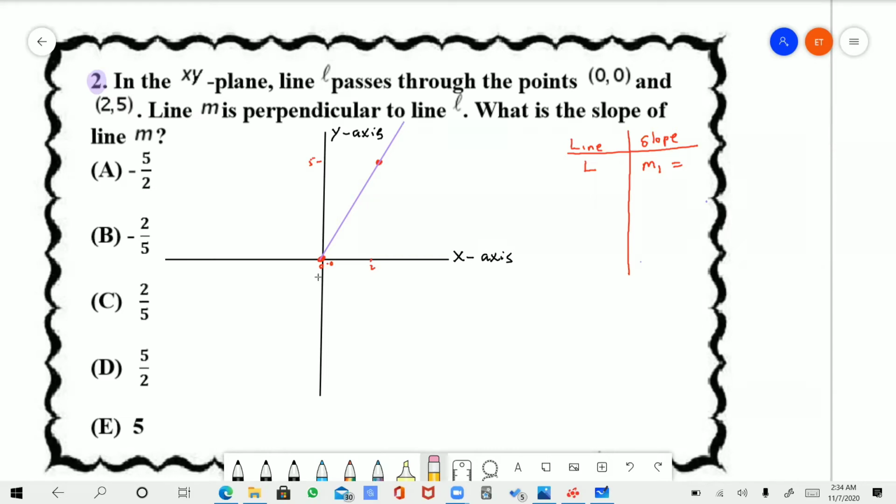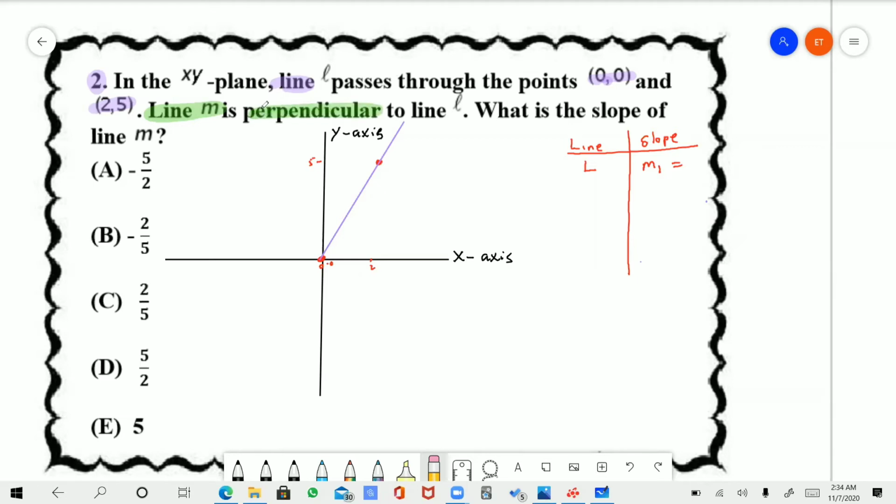So we were told line L passes through 0, 0 and 2, 5. We have another line, interestingly, and that line is line M. And we were told something interesting between line L and M. They are related. Line L and line M are perpendicular to each other.